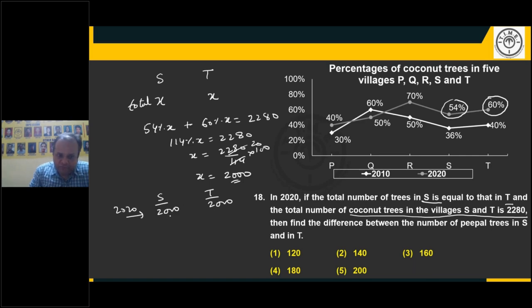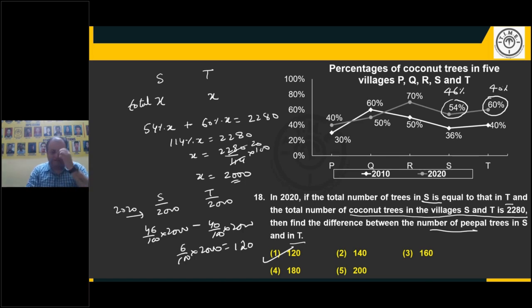Now, with 2000 as the total trees, we need the difference between the people trees in S and T. If coconut trees at S were 54%, people trees were 46%, and at T this would be 40%. So all we have to do is 46% of 2000 minus 40% of 2000. The difference would be only 6% of 2000, and the answer should be 120.